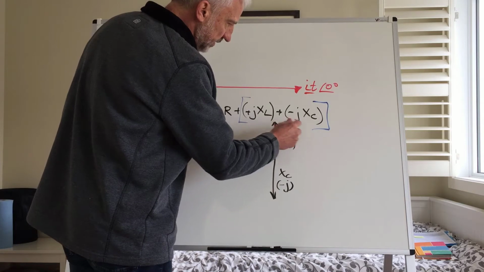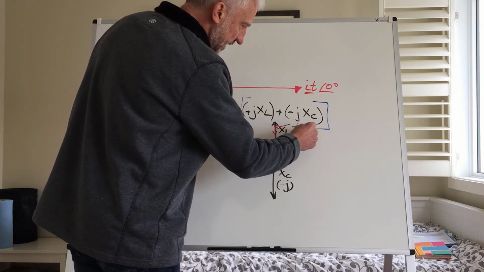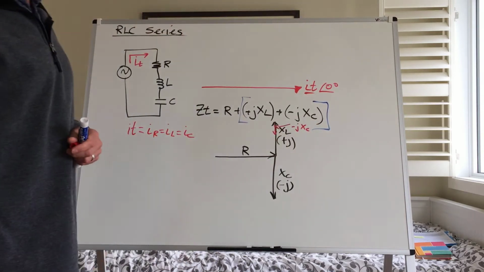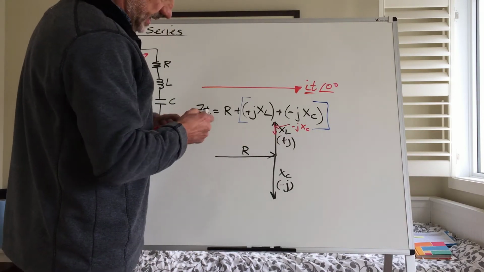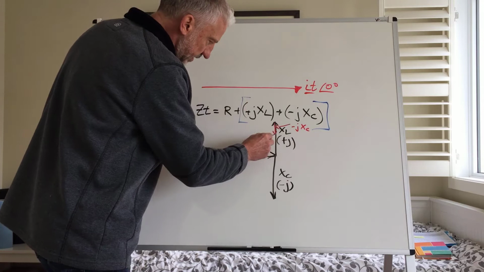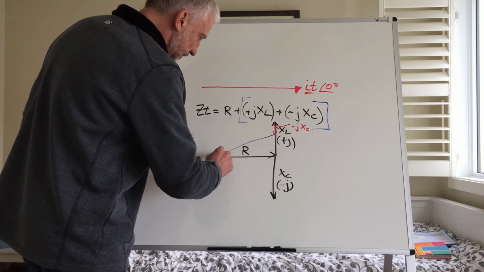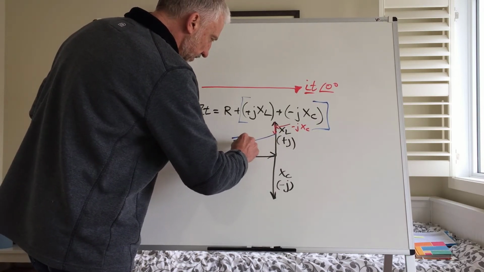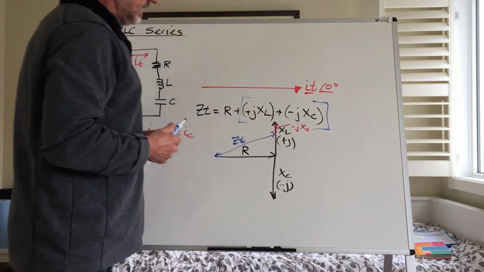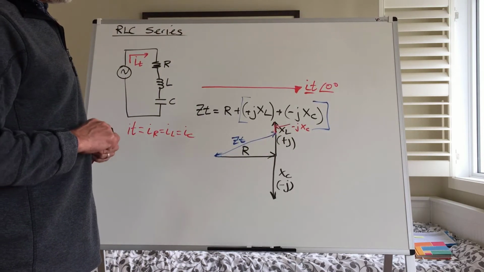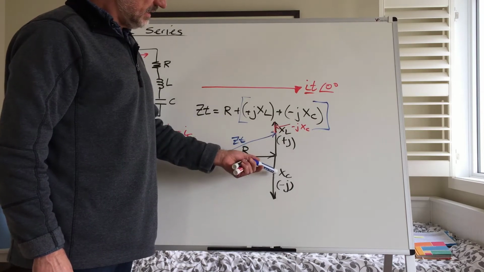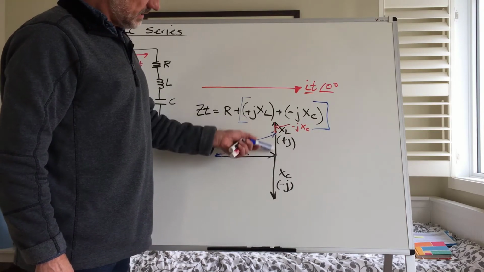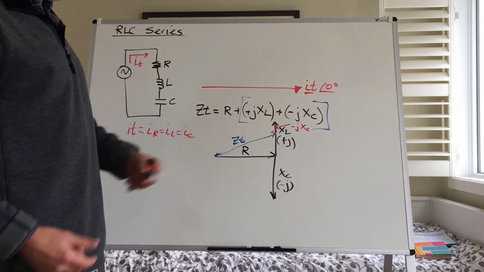Now this is the result of adding a minus J XC into this, right? So as a result, you end up with a net XL value, and that would put your Z total right here as far as your total impedance. That was when XL was greater than XC. So when you added the minus J, you ended up with a net value here. That puts Z total here.